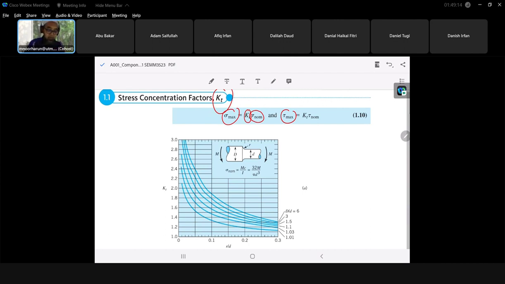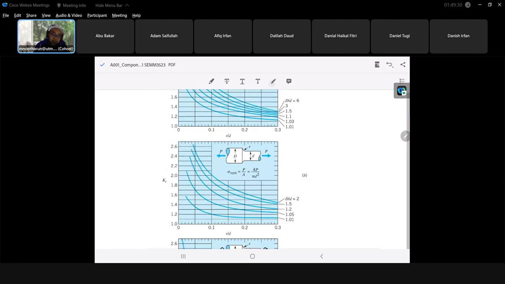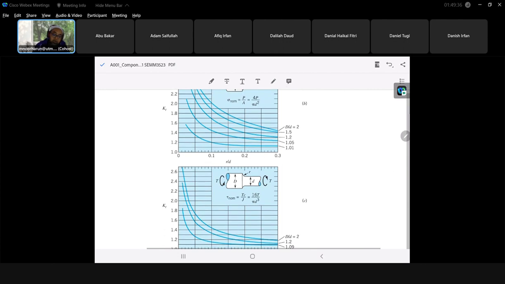I just want to stress here that there are different types of loads. One is bending moment, one is axial load, and one is torsion.